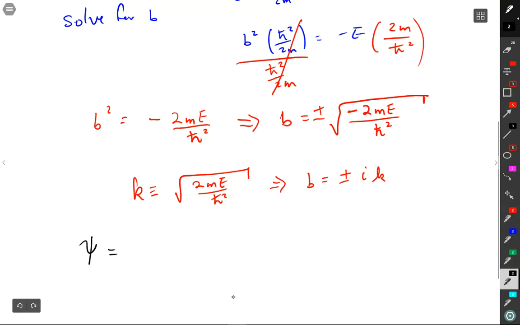So that means my solution, I had the form, now I have a better solution. It's going to be a linear combination of the two solutions. So my psi is a linear combination of them. I'm going to say it's A times the first one plus B times the second one.